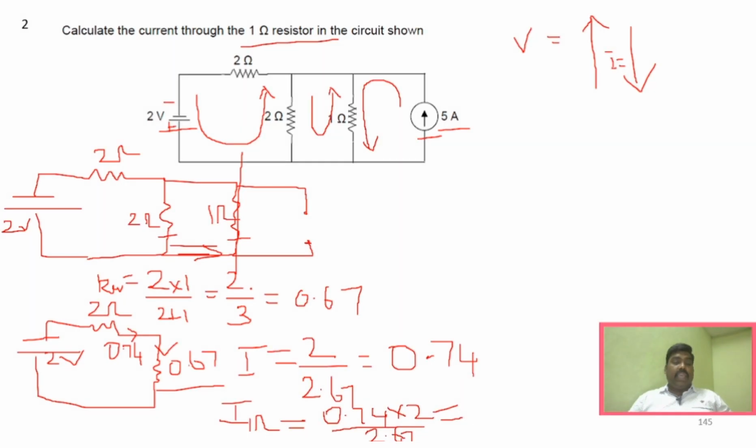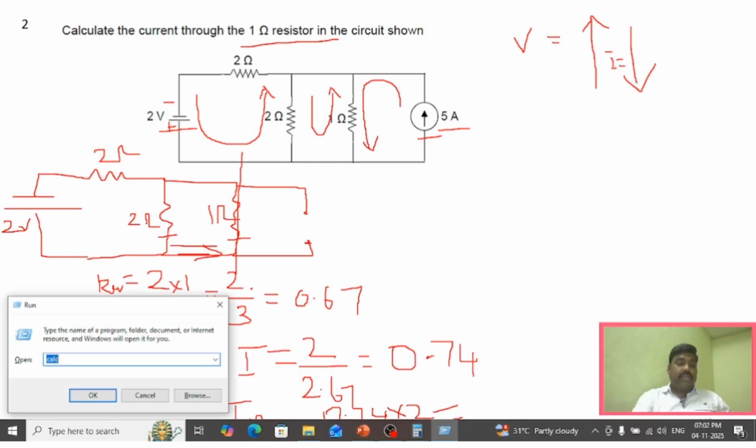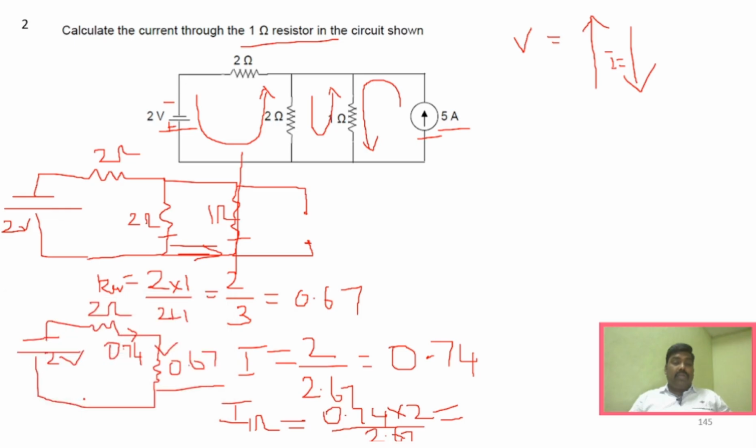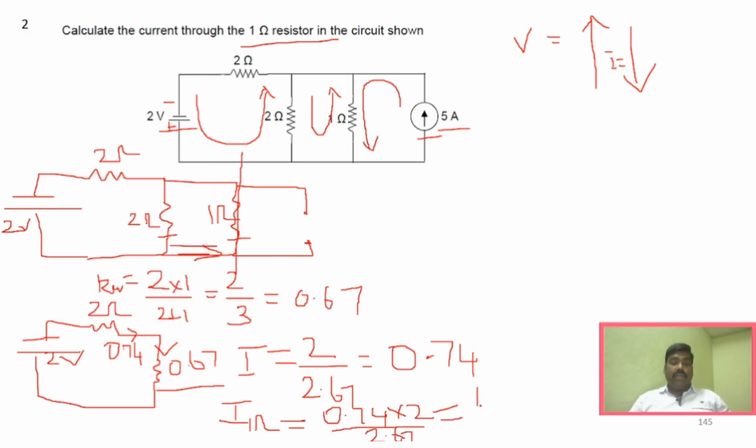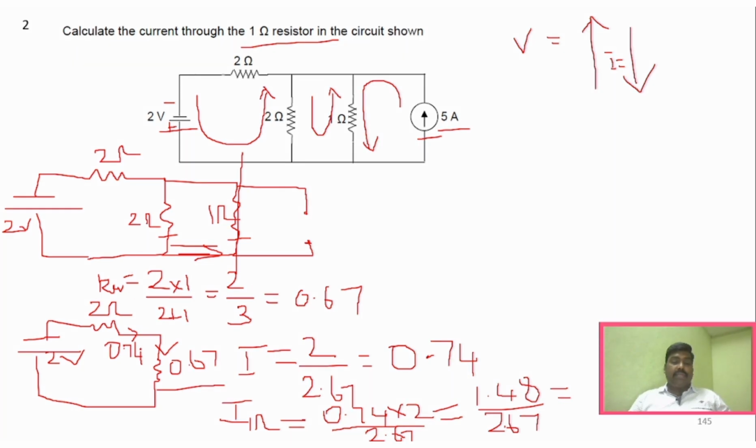Now what is the value we will obtain? Now we will calculate this. 0.74 into 2 is 1.48, divided by 2.67.